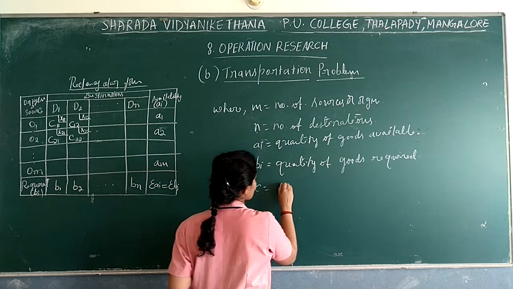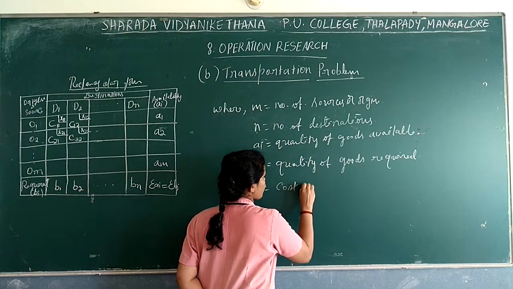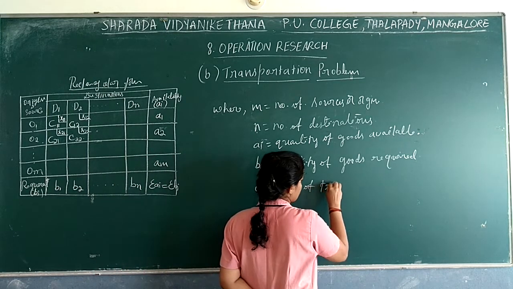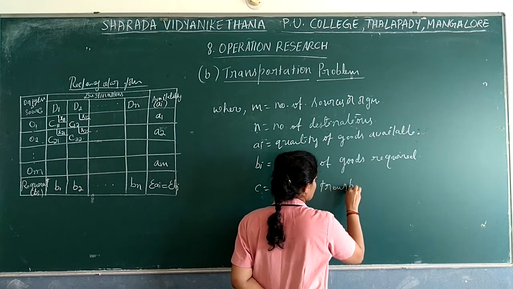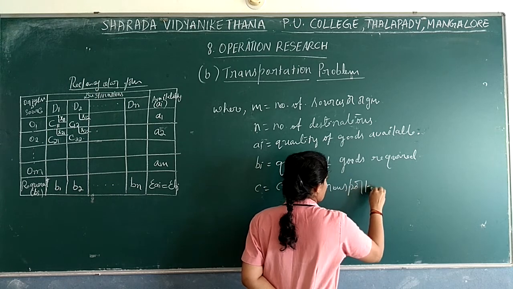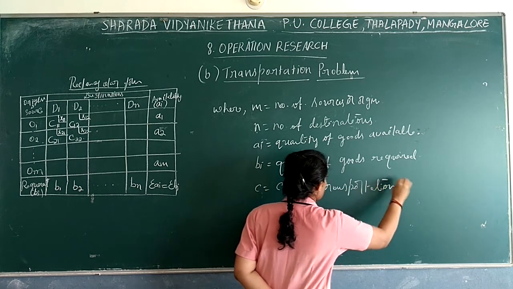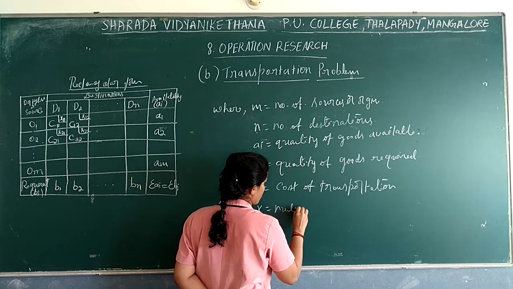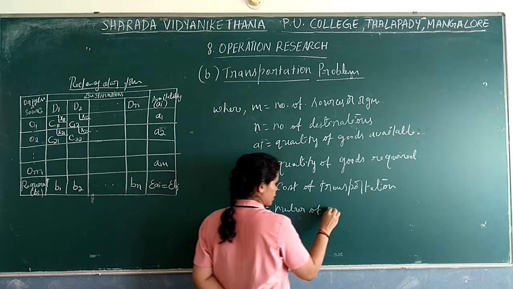C is the cost of transportation. And X is nothing but the number of quantities allocated.